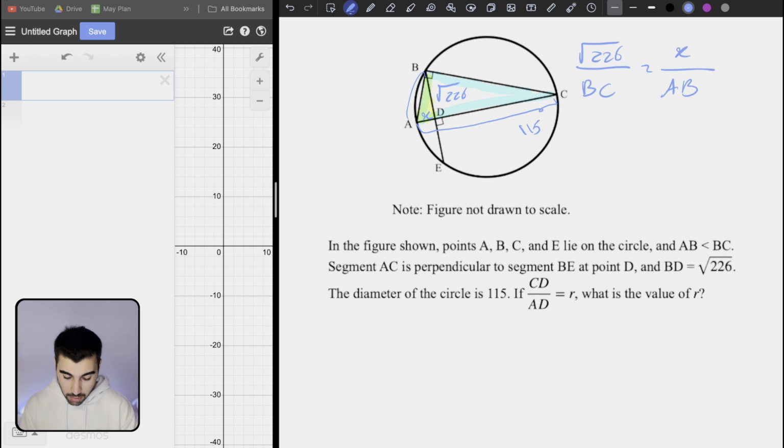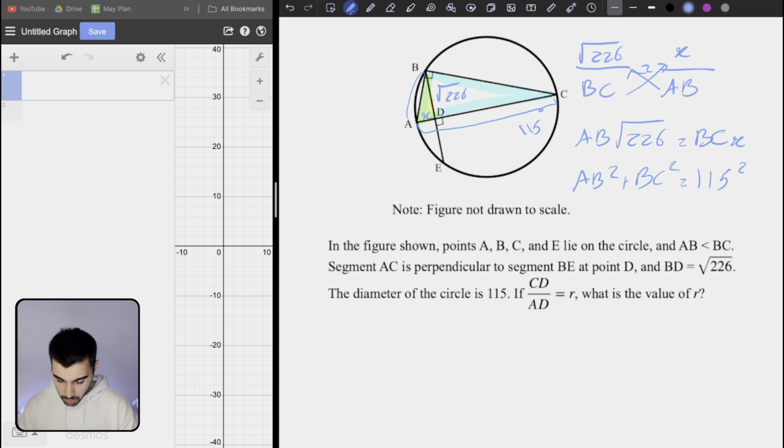So let's do a cross multiplication in this. Write it as an equation. So we will have AB root 226 equals BC times X. And we can have AB square plus BC square equals 115 square, right?